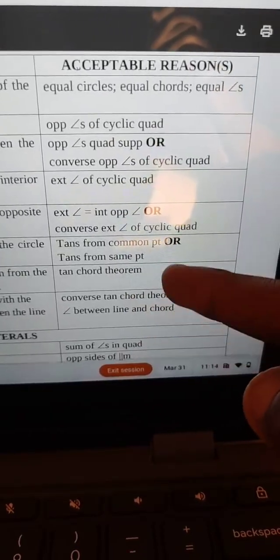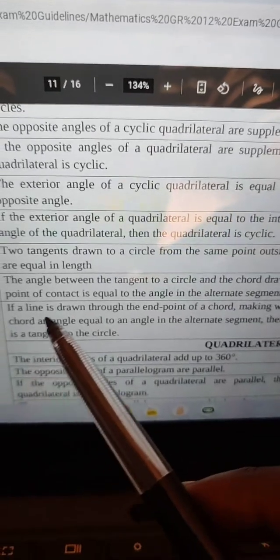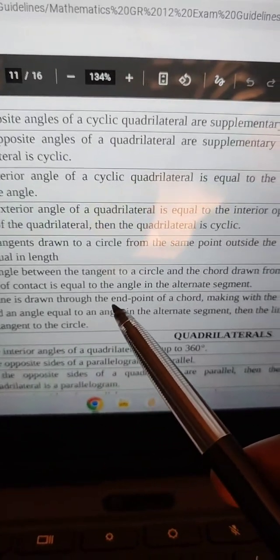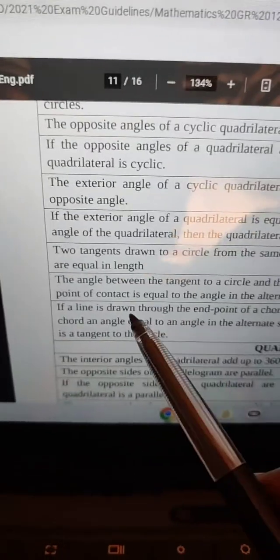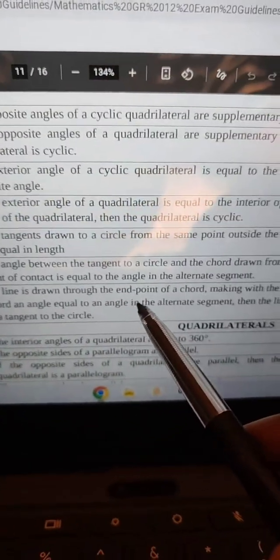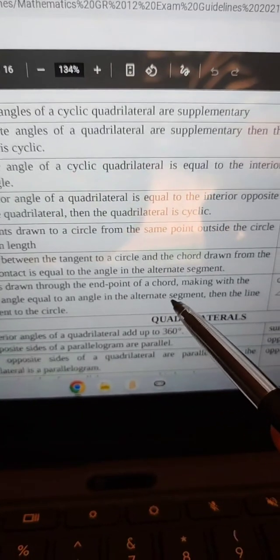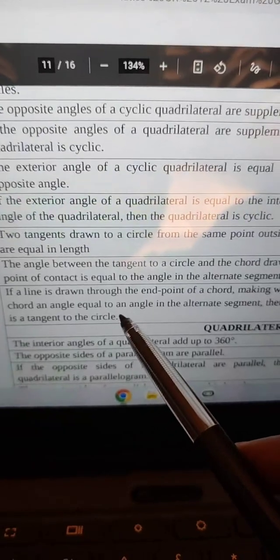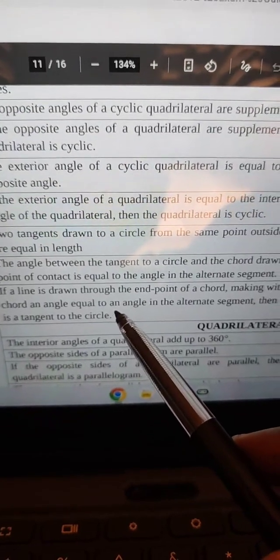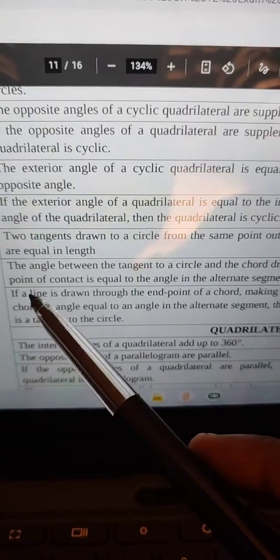Let's look at another. If a line is drawn through the endpoint of a chord, making with the chord an angle equal to the angle in the alternate segment, then the line is a tangent to the circle. Repeat.